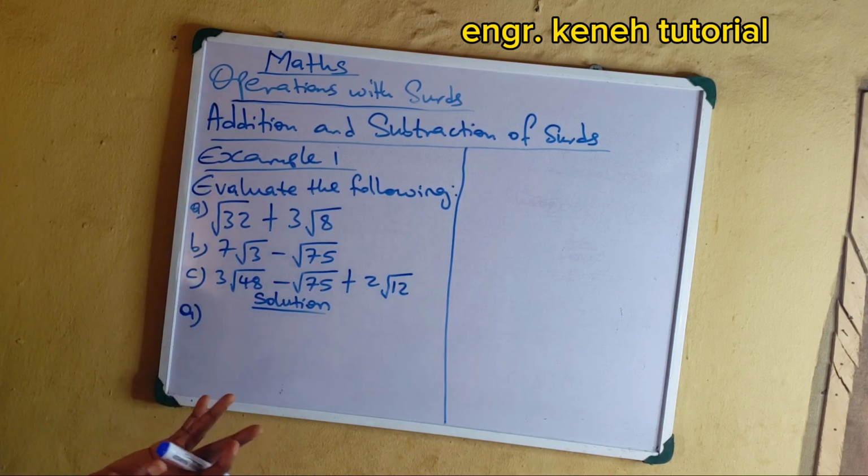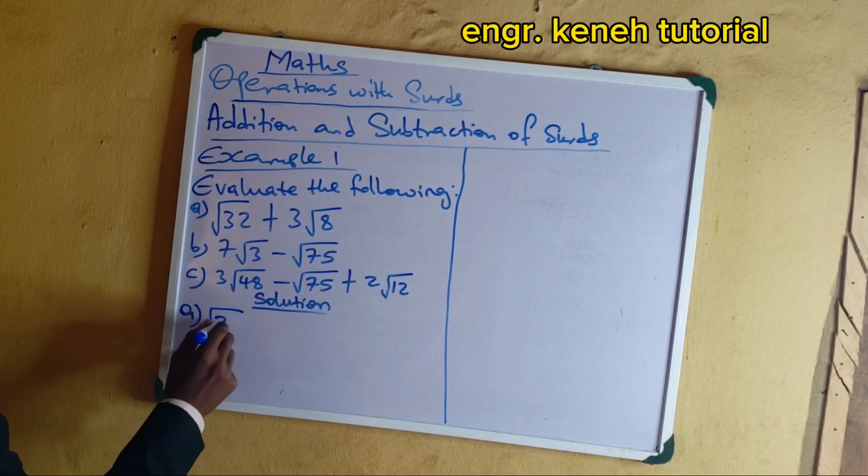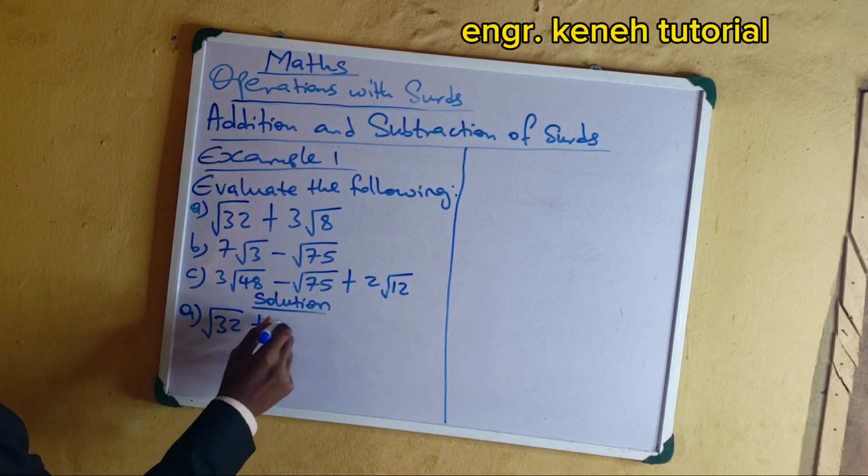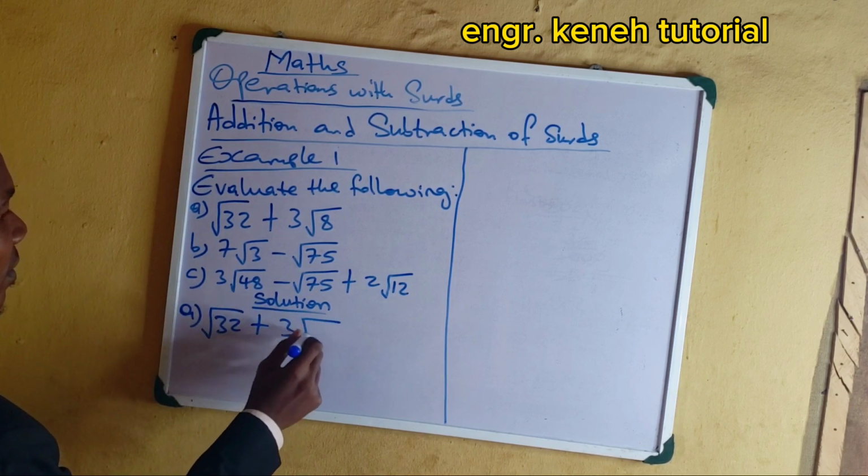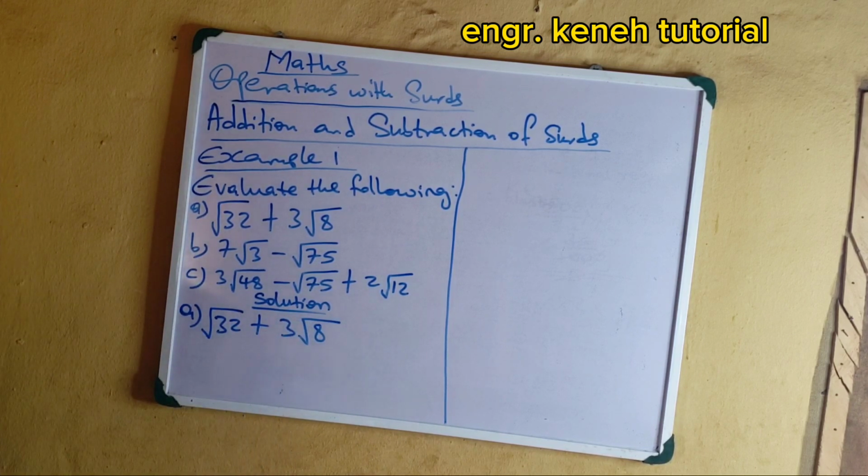Like I said, before two surds or more can be added, they must be similar. Let's check to find out if these two surds are similar before we now add. We have root 32 plus this.